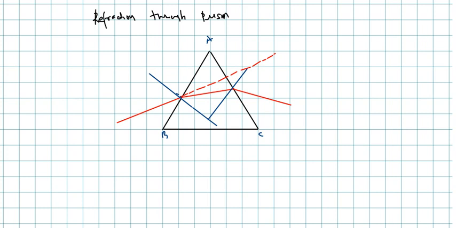So if we extend it back, this angle must be the angle of deviation. This is the angle by which the ray has got deviated from its original path. So this is the incident ray, and this is how it is traveling through the prism and emerging out. This is the emergent ray.